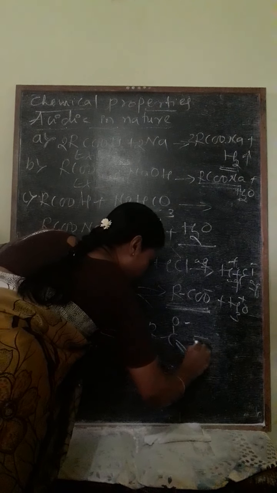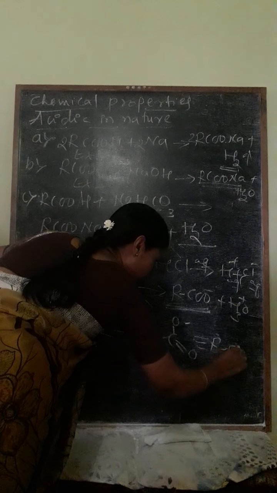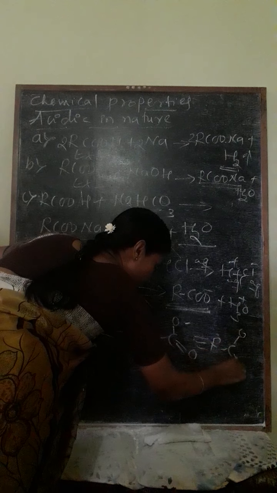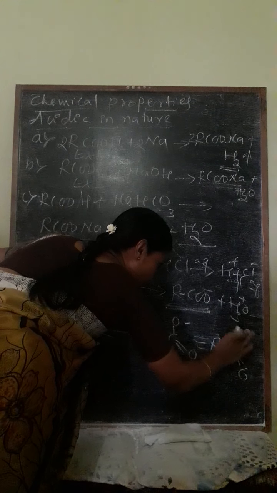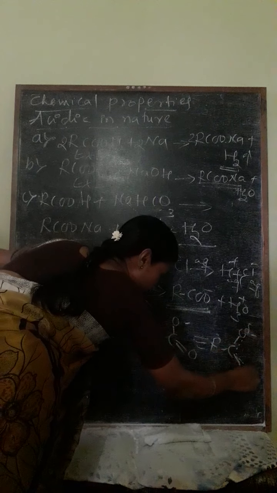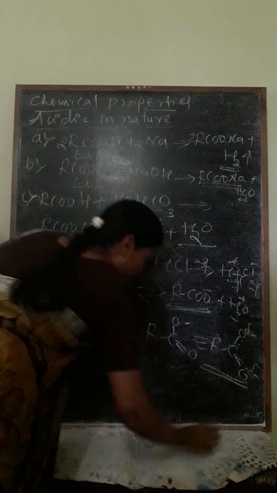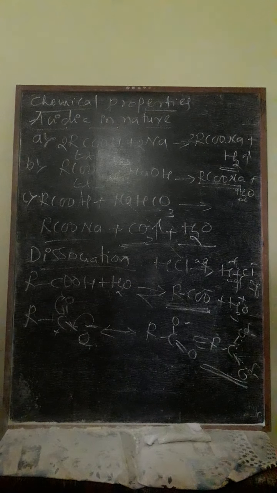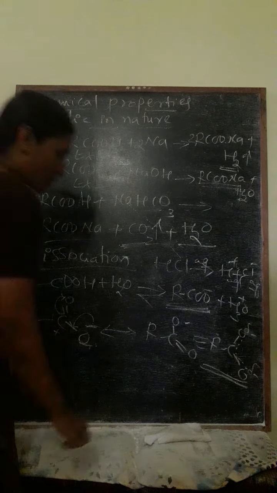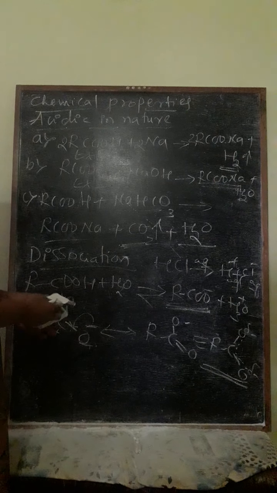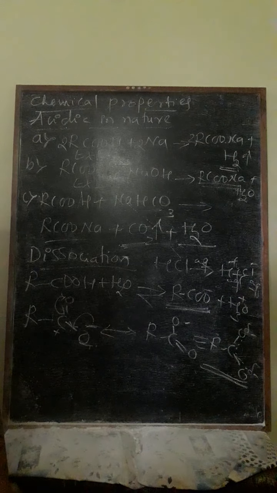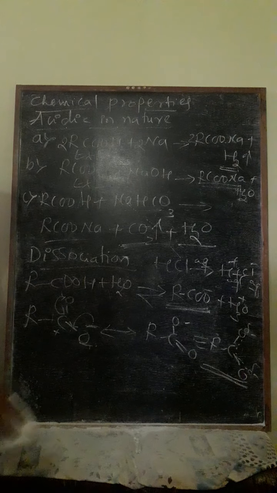Like that, there arises a partial double bond character between these two oxygens. Hence, it is said to be resonance stabilized. You can say these are more important properties. So, we will discuss the rest in the next class. Okay.